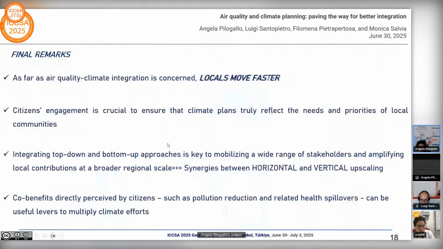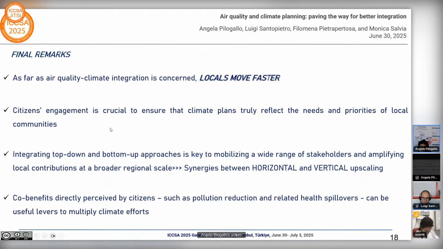Final remarks highlight that locals move faster, in the sense that while municipalities showed a better integration, the region is still at the medium level, considering the same criteria for both governance levels.